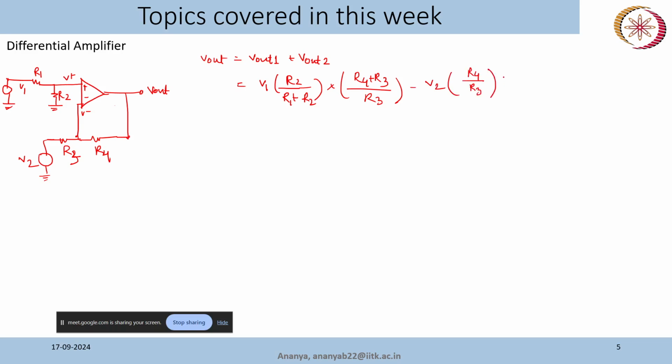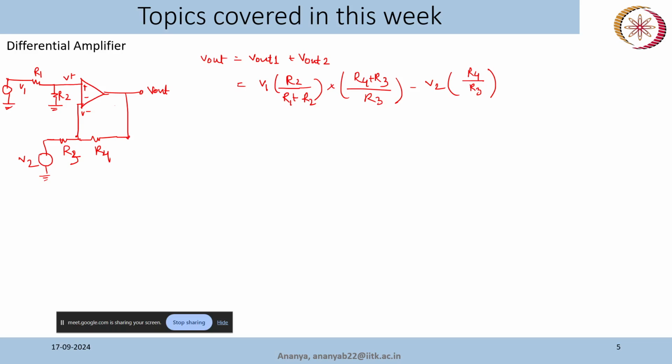Okay, so you can see that if we apply voltage here, that will be V1 R2 by R1 plus R2 using the voltage divider rule at this point.